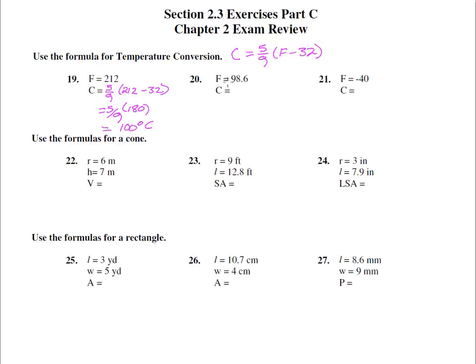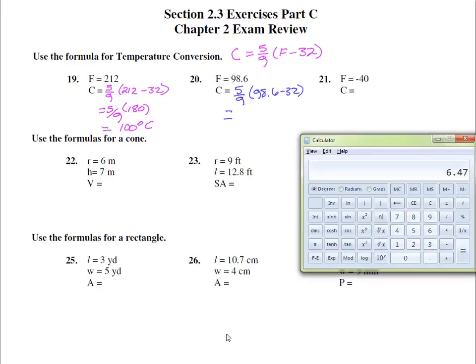Let's do number 20. Fahrenheit is 98.6, human body temperature. So the Celsius is going to be 5/9 of that 98.6 minus 32. Let's pull out our calculator for this one. 98.6 minus 32 equals, so inside the parentheses will be 66.6.